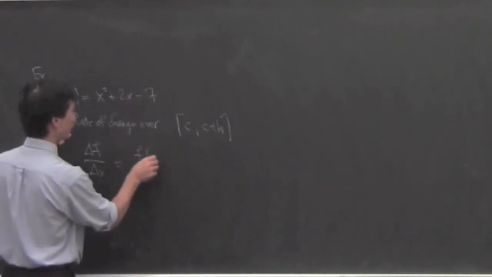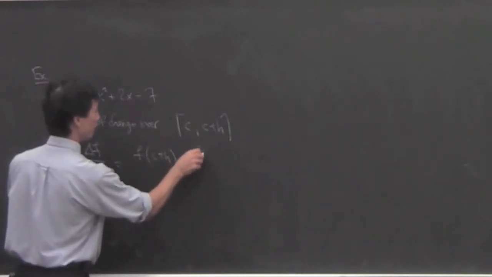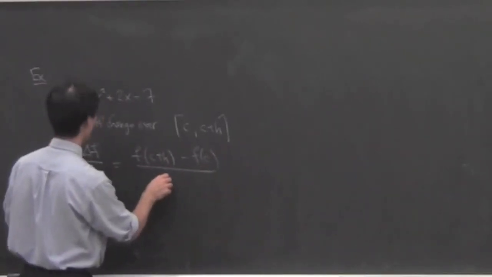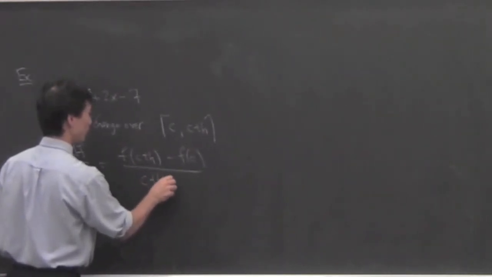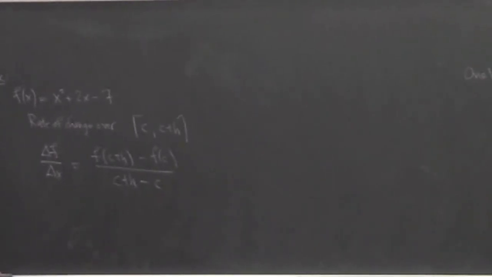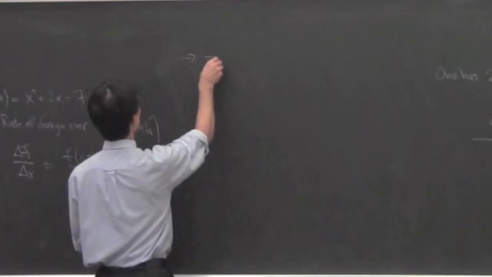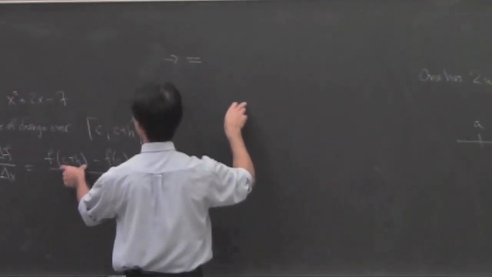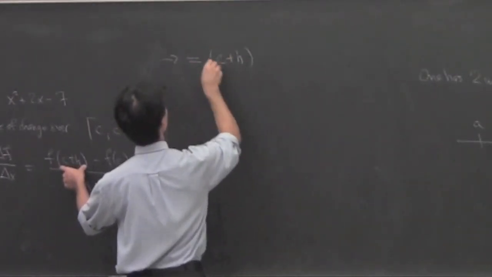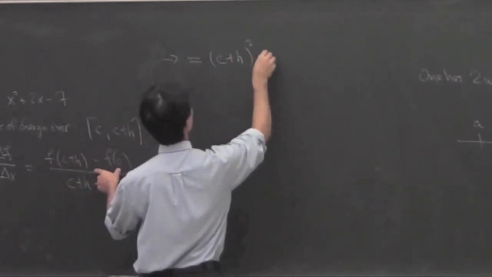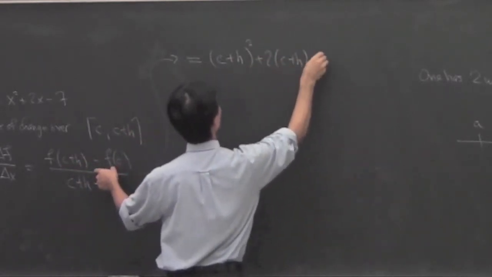So that's F of C plus H minus F of C over C plus H minus C. F of C plus H is C plus H squared plus 2 times C plus H minus 7.